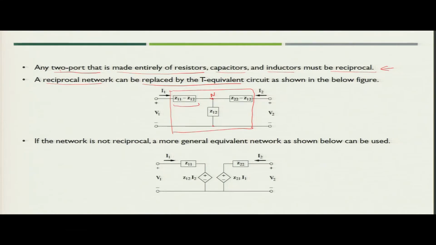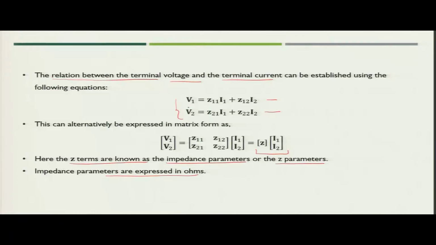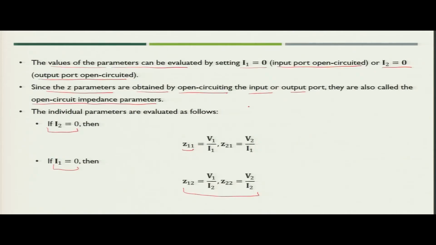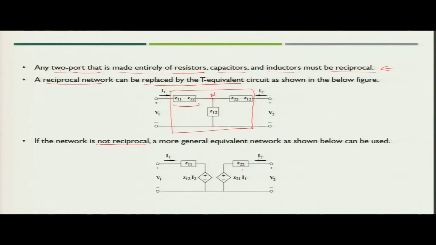Now, if the network is not reciprocal, still with the help of the equations which we saw in the previous slides, that is V1 is equal to Z11 I1 plus Z12 I2 and V2 is equal to Z21 I1 plus Z22 I2, these two equations can be represented with the help of an equivalent circuit.